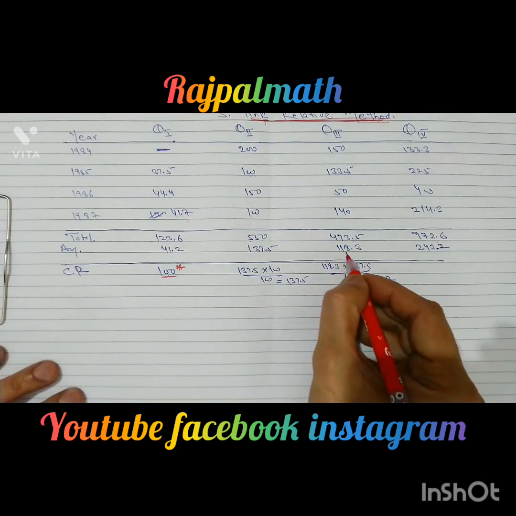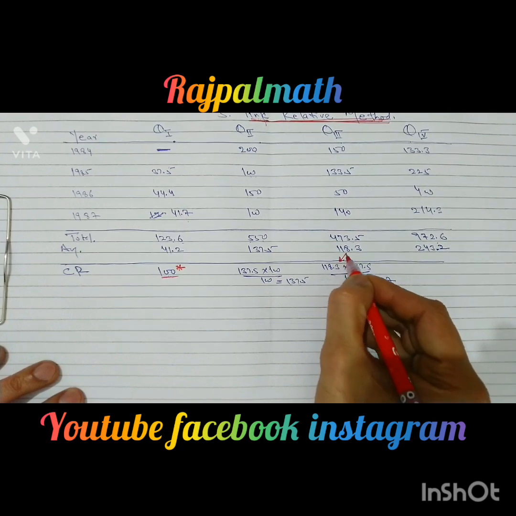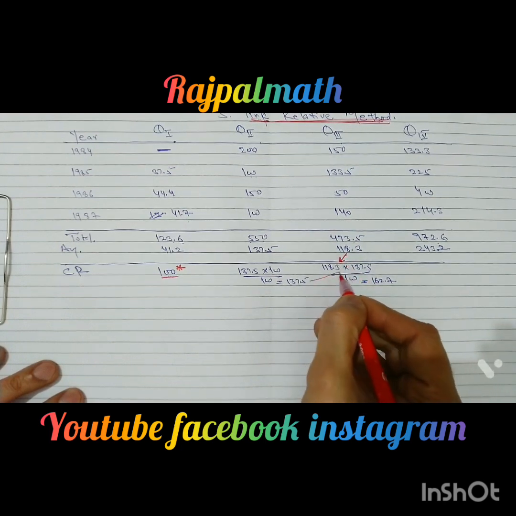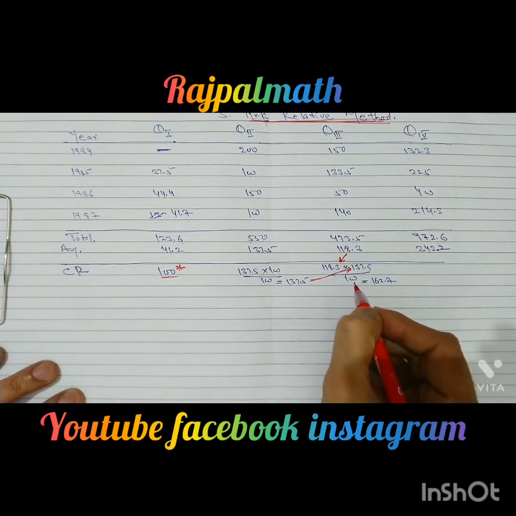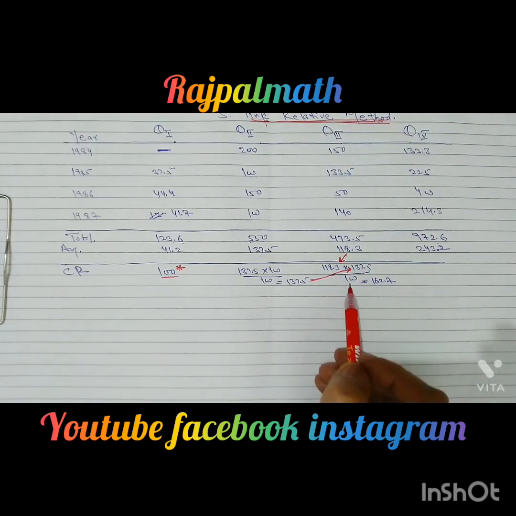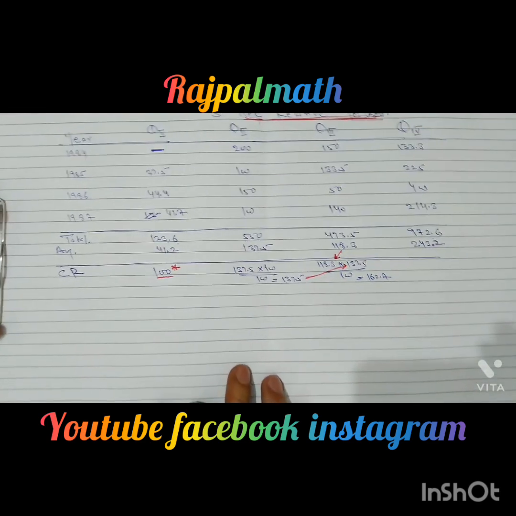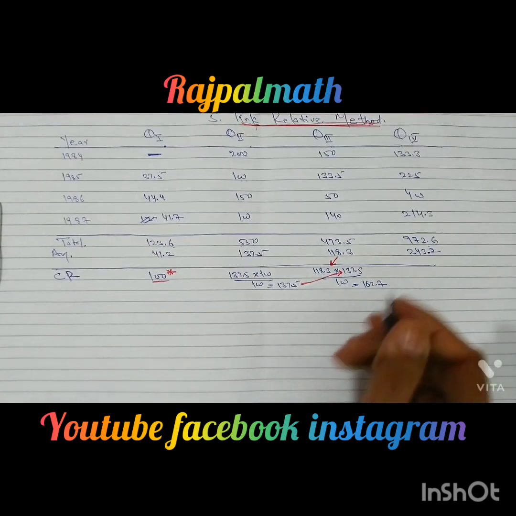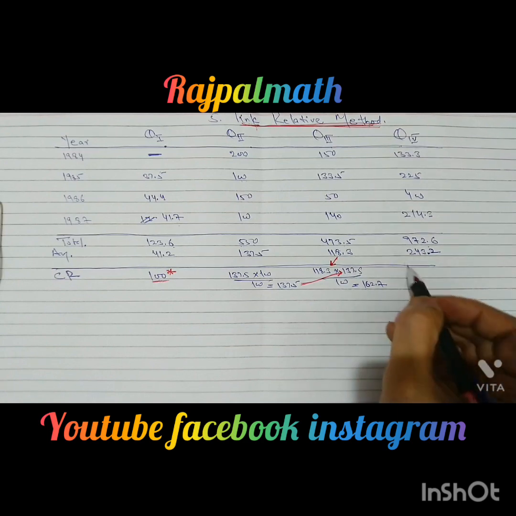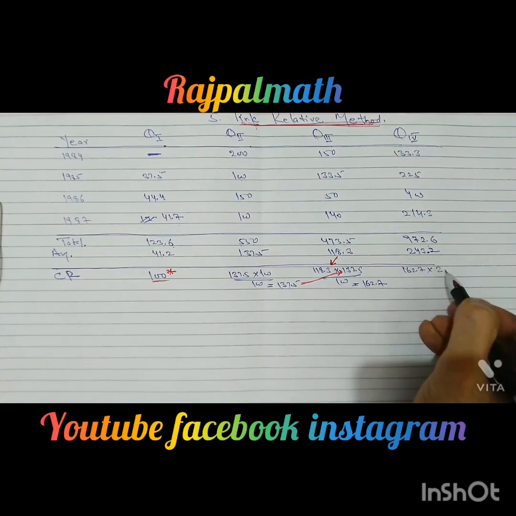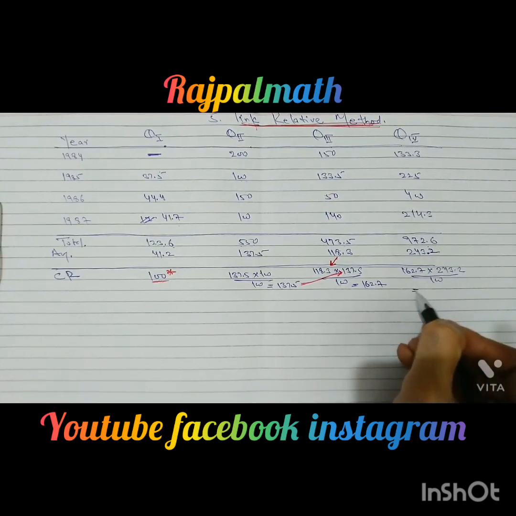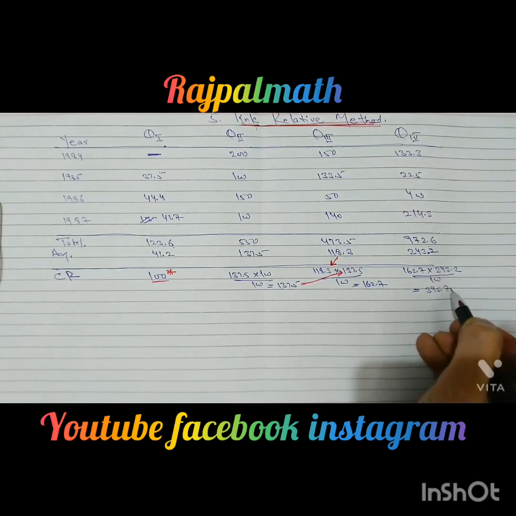Formula is current season average into previous CR divided by 100. For next, again 162.7 previous CR into average 243.2 over 100 comes out to be 395.7.